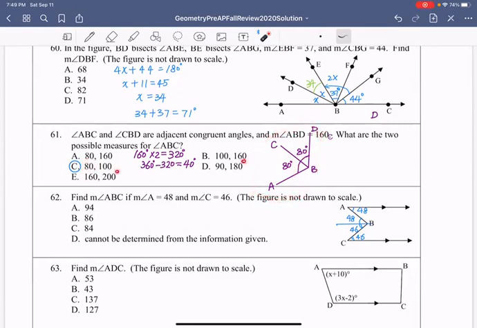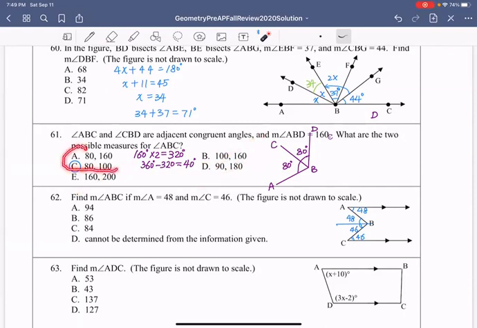Why those answers? 80. And this one does not have 80. So if you have this question on the PSAT, which one should you choose? This does not have 80, so gone, gone, gone, okay?